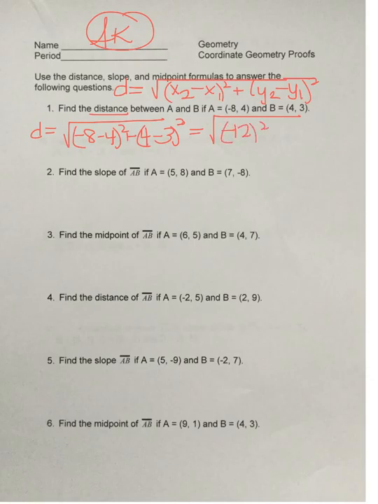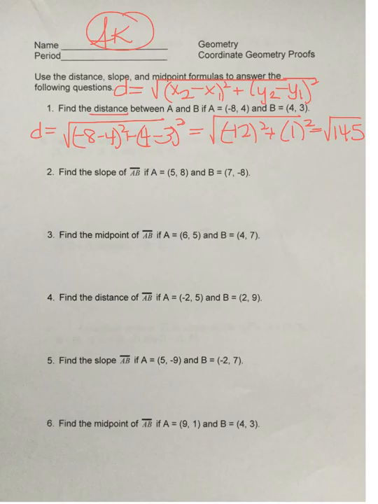So we get negative 12 squared plus 1 squared, and we get the square root of 145. We don't need to simplify this at this point in time. In order to do coordinate geometry proofs, we just want to show that we get equal distances or equal values. So simplifying the radical at this point in time is not a major concern. It is in other areas though, so don't forget to simplify radicals that are not in coordinate geometry proofs.